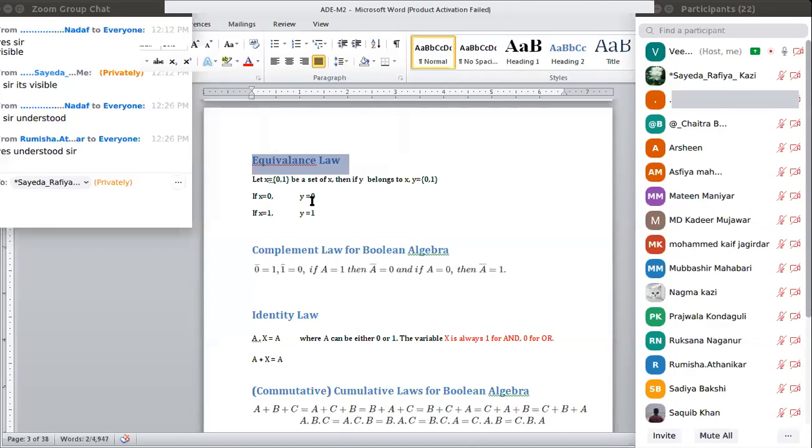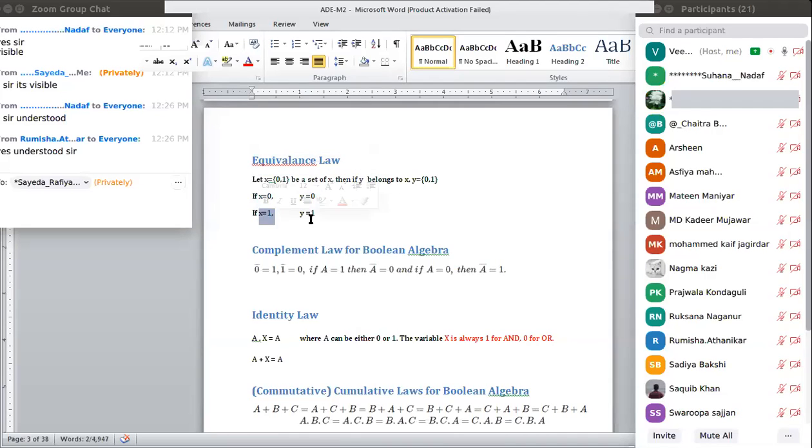Now, equivalence law. It is so simple. Equivalence law, where let us consider X is a set of 0 and 1. Then Y belongs to X. If I say Y belongs to X, then Y is also containing the same numbers, which is called the equivalence law. If X is 0, Y is also 0.